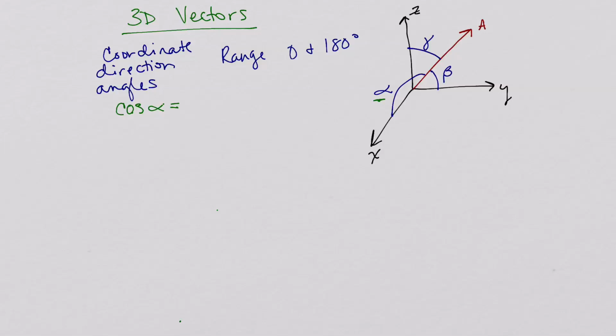Cosine is adjacent over hypotenuse, so that would be AX over A. Cosine of beta equals, this one is a little easier to see just because of where it is. SOHCAHTOA, cosine is adjacent. So cosine of beta equals that adjacent, AX over that hypotenuse, which is A.